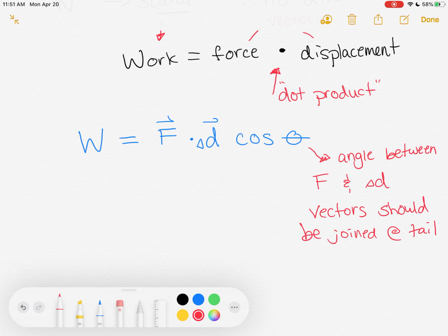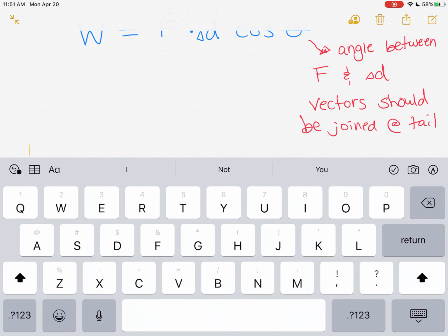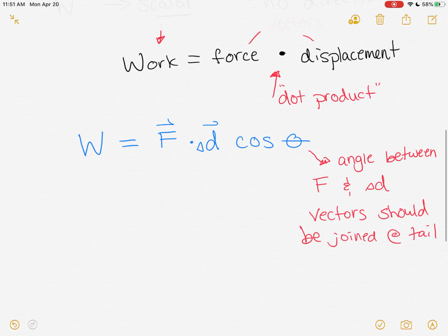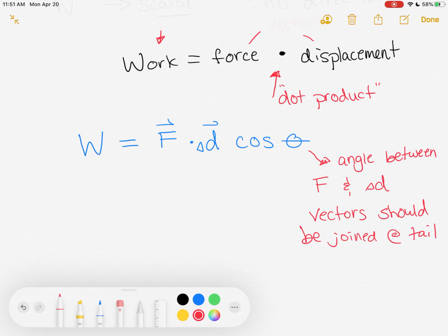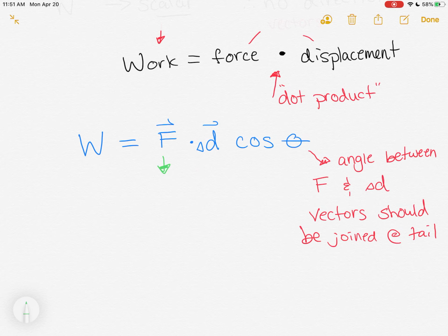I just want to talk really briefly here about the unit for work. So we know that force has a unit of newtons. So it's going to stay newtons, okay? And we know displacement has a unit of meters. Work is going to end up with this unit of joules. And so this is a joule.